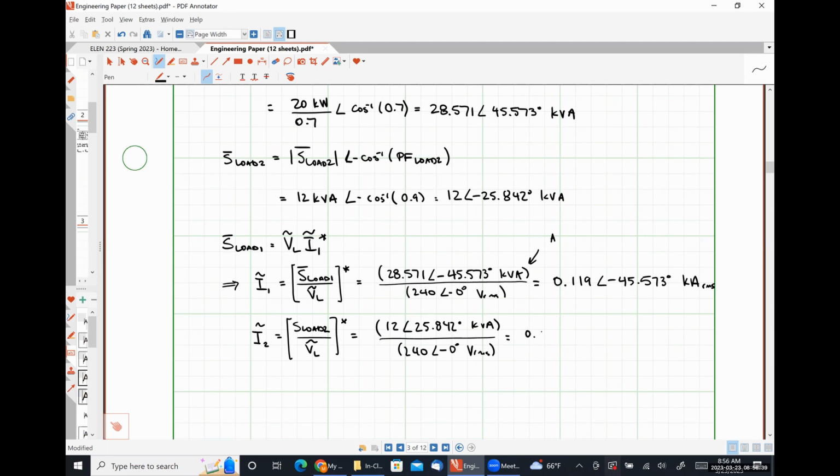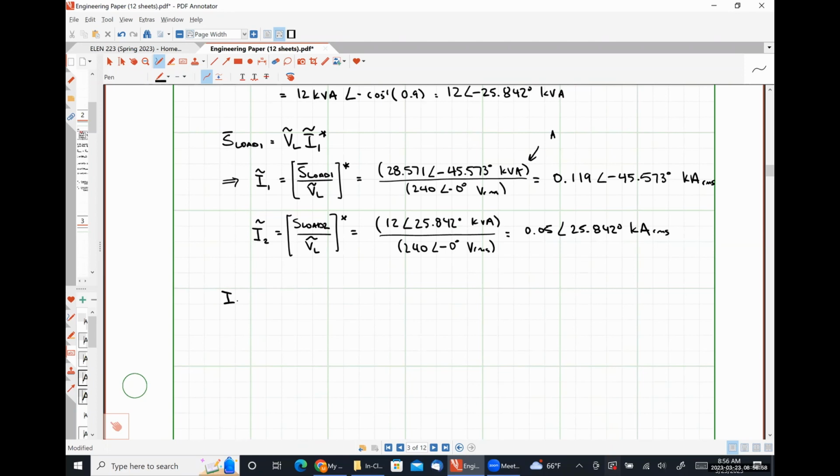I get 0.05 angle positive 25.842 degrees kiloamps RMS.